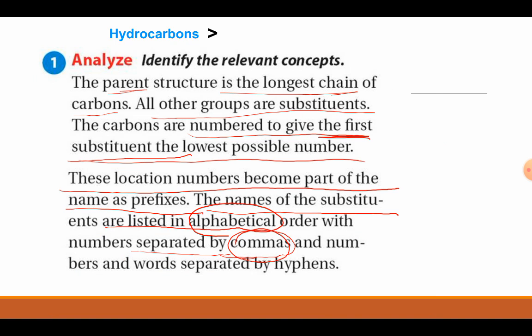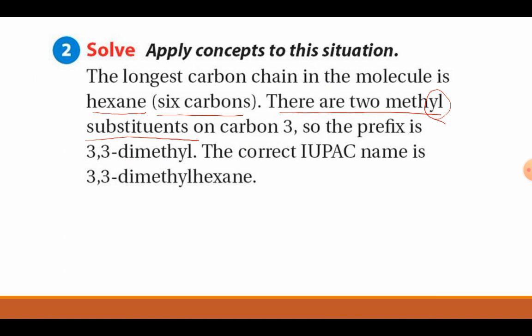Listen here. So the substituents are on carbon 3. So the prefix is 3,3 hyphen dimethyl, and the correct IUPAC name is 3,3-dimethylhexane. I have to add the parent.